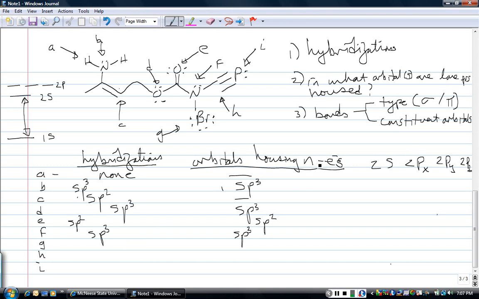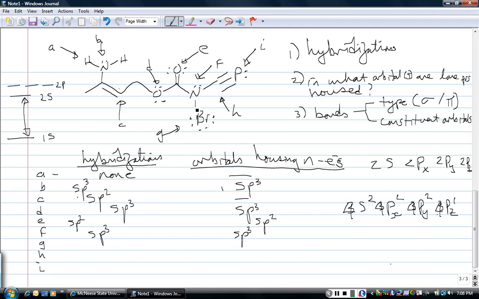So bromine would be 4s2, 4px2, 4py2, 4pz1. 3 would be chlorine. So bromine will not hybridize. Therefore, it will use a 4pz to form the sigma bond.